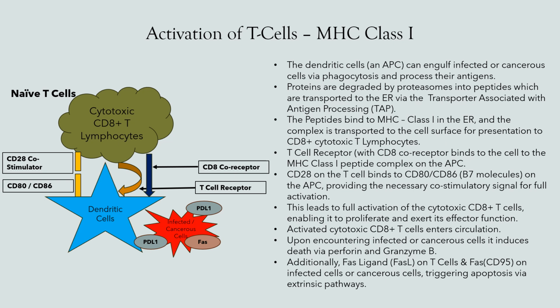Additionally, there's another potential route, which is the Fas ligand, Fas-L, on the T cells, and the Fas, CD95, on the infected or cancerous cells, and they can trigger apoptosis via extrinsic pathways. So that's what happens in the activation of the T cells from naive cells to activated cells.